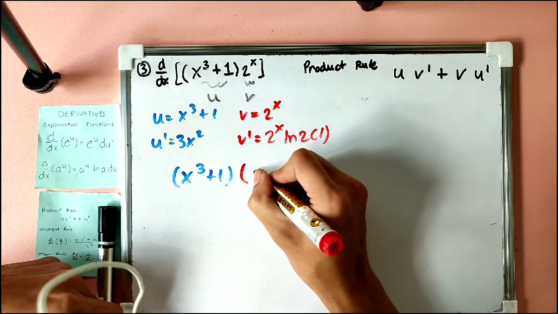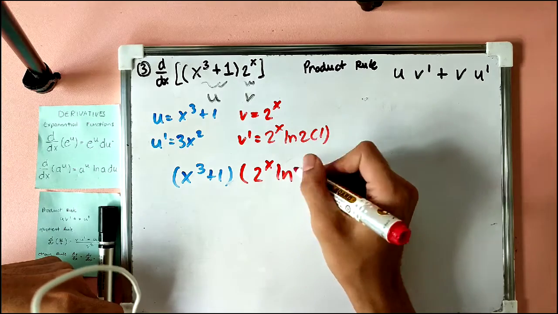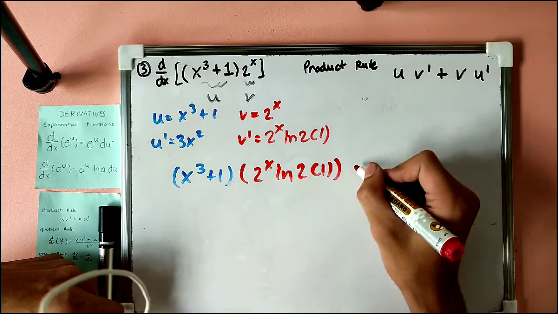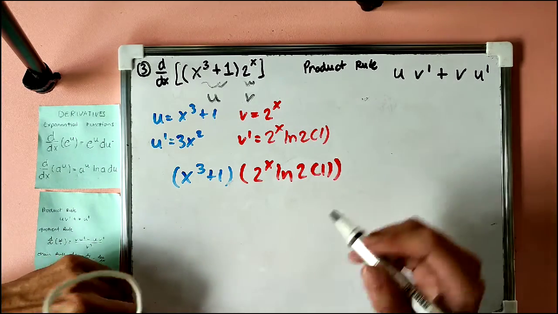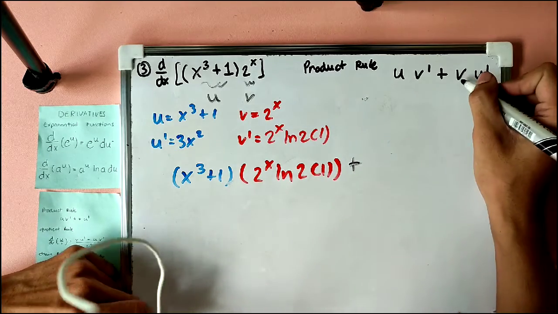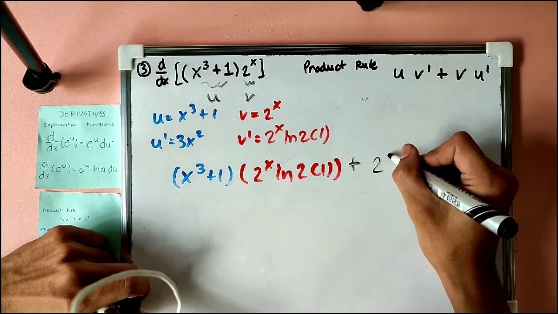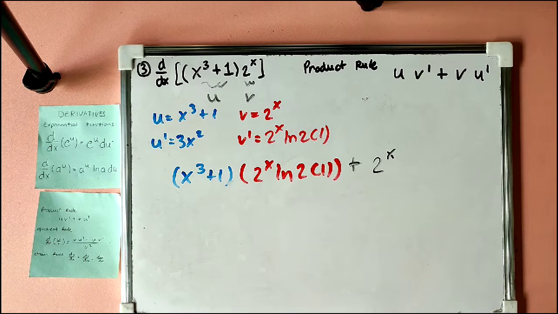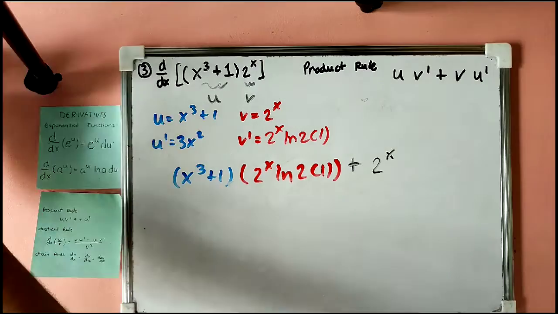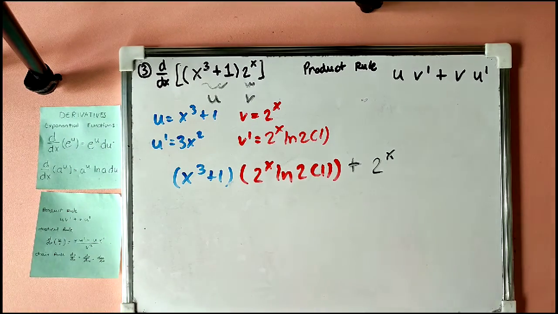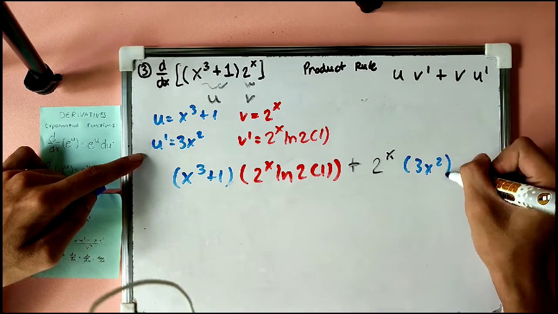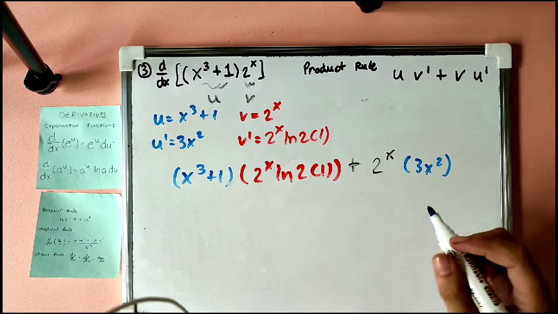Ang v prime natin ay 2 raised to x ln 2 times 1 then plus ang v natin, ang value ng v natin ay 2 raised to x times u prime, which is ang u prime natin ay 3x squared.